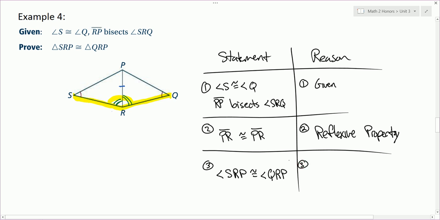And the reason is in one of the givens. So RP bisects the angle SRQ. And so what does it mean to bisect an angle? It means to cut it in half. So we're relying on the definition of an angle bisector.